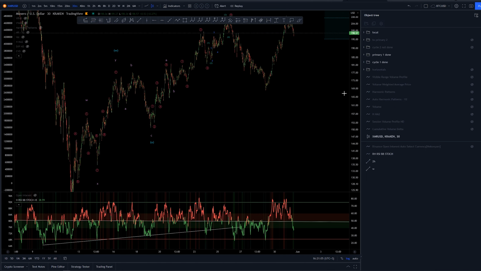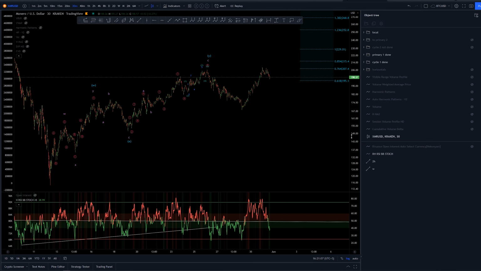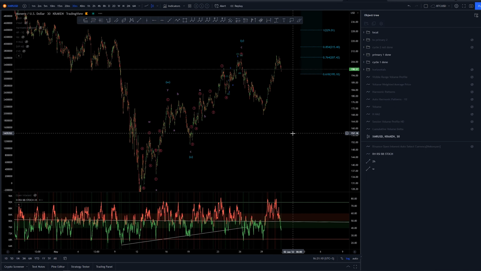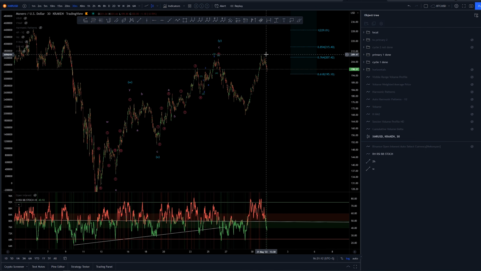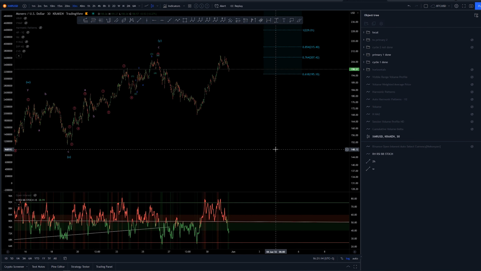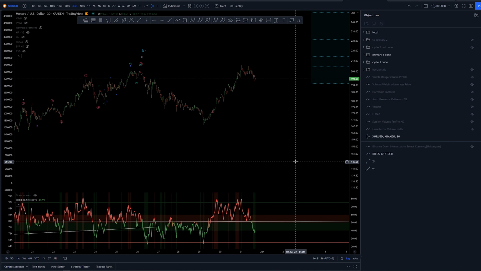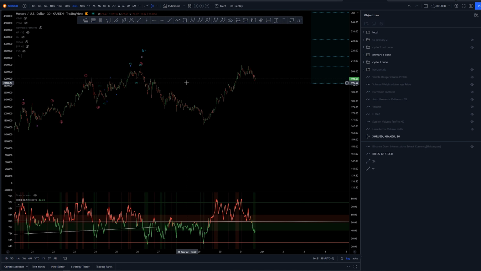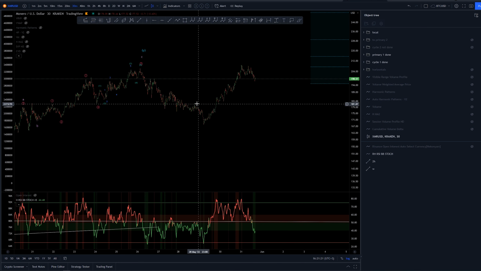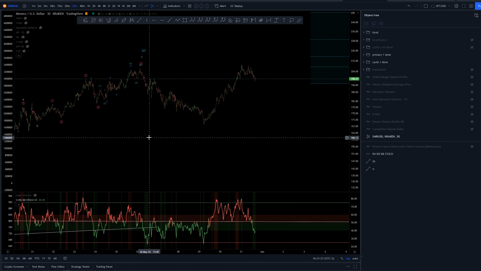Now, what are we looking at next? This is a mystery to me. We have created a new high here after making this dip, but this chop here is just something I can't get through or get behind.